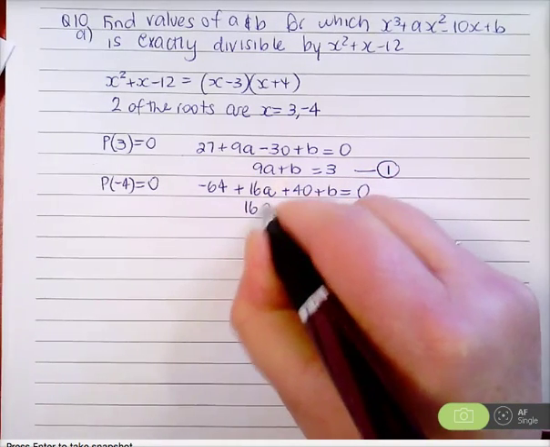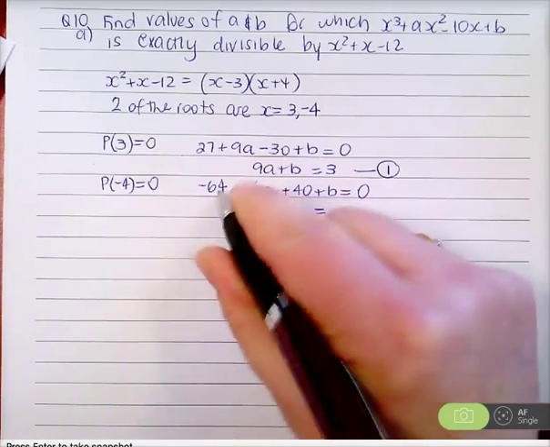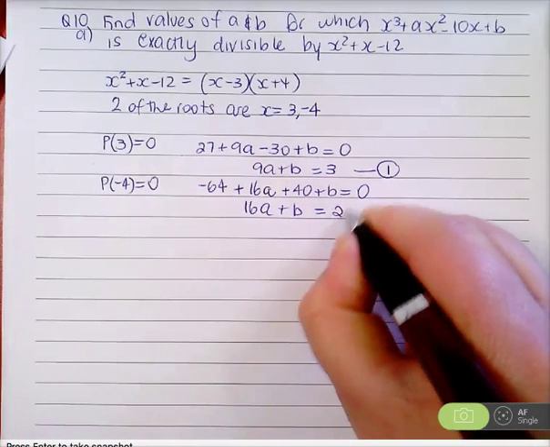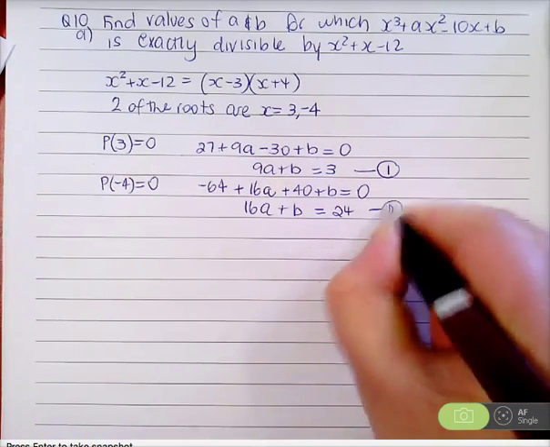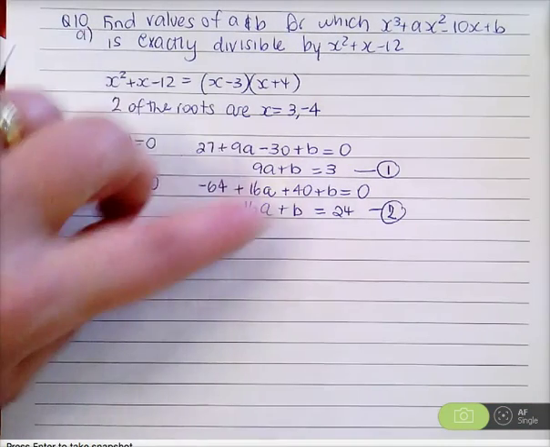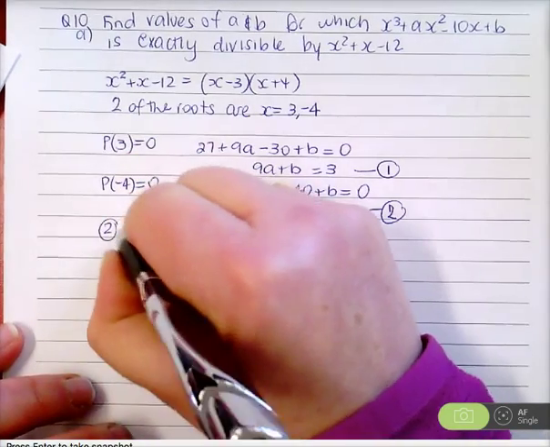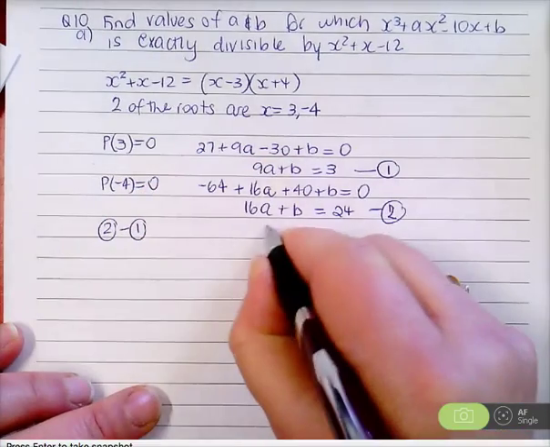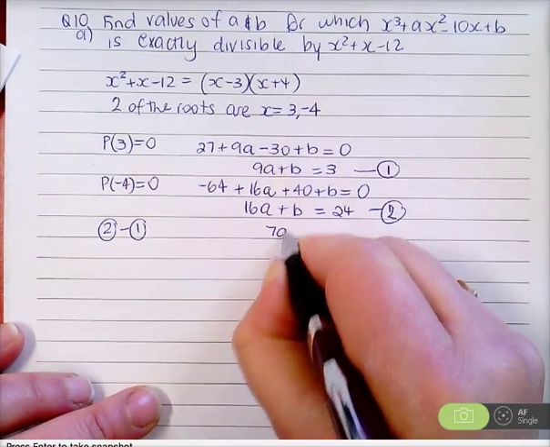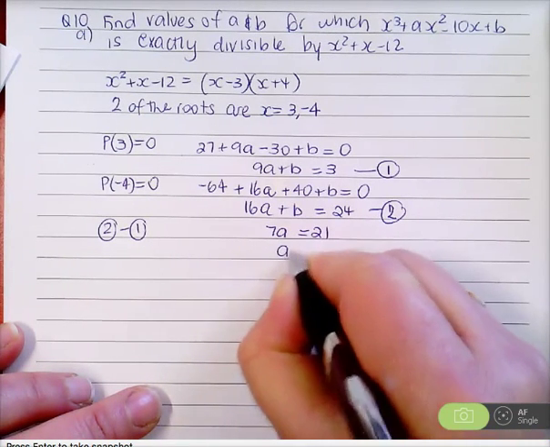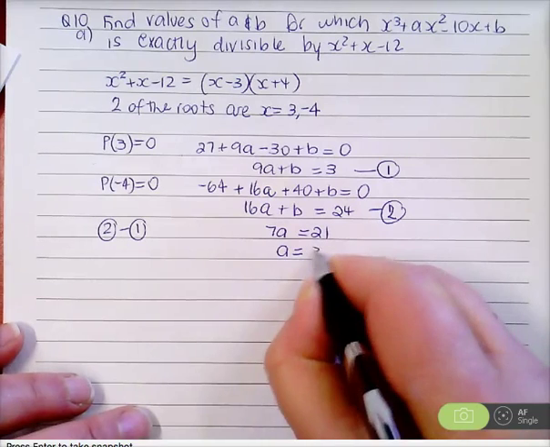So you've got 16a plus b is, I think we've got negative 24 on that side, positive 24 on this side. Solving simultaneously, why don't we do 2 minus 1 so we get no negatives? The b's are the same again. 2 minus 1 gives me 7a is 21, so a is 3.